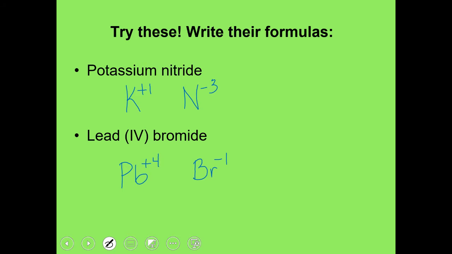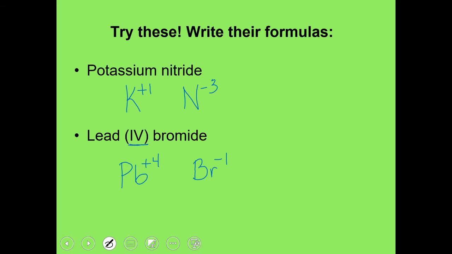Okay, hopefully you just restarted the video. And these are the ions that are going to make up these two compounds. Now, the potassium and the nitrogen, nitride is the nitrogen ion you can find in the main block elements, and same with the bromine. The lead, we didn't really assign a rule.